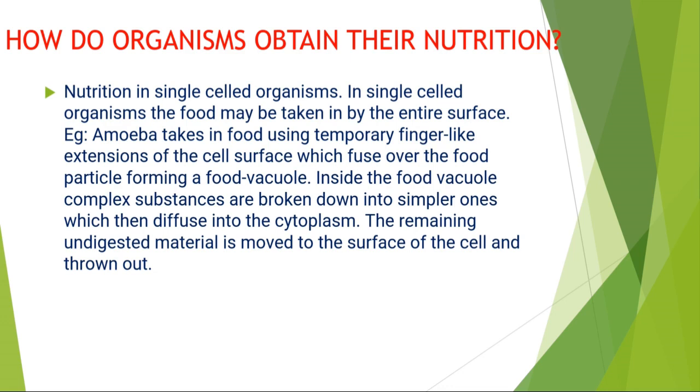They move by the process of pseudopodia. Inside the food vacuole, complex substances are broken down into simpler substances, which then diffuse into the cytoplasm. The remaining undigested material is moved to the surface of the cell and thrown out.